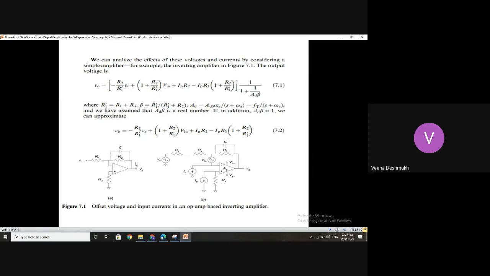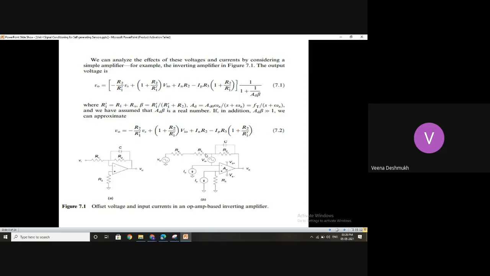Now what is this R1 dash? Here you can see R1 dash is the actual resistance at the input terminal, which is equal to R1 plus the source resistance. So R1 dash is the true resistance present at the input. Usually we consider R1 as the input resistance which we have connected externally, but there is source resistance which is in series.